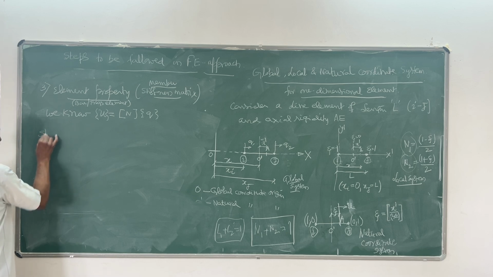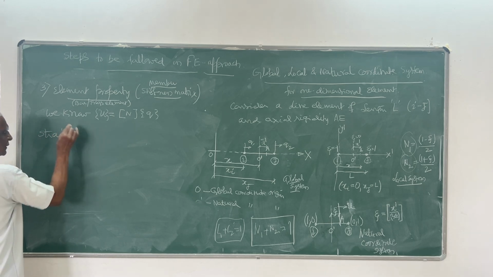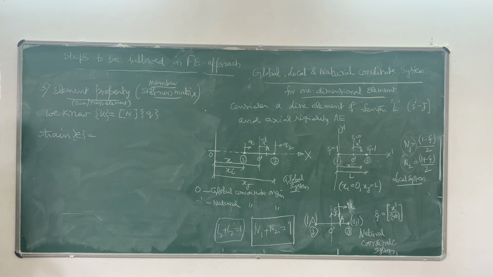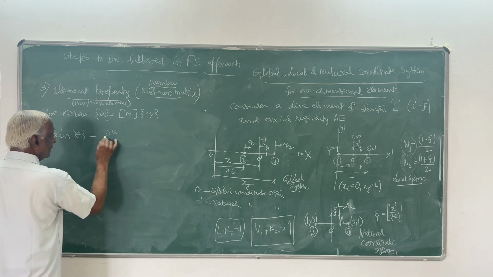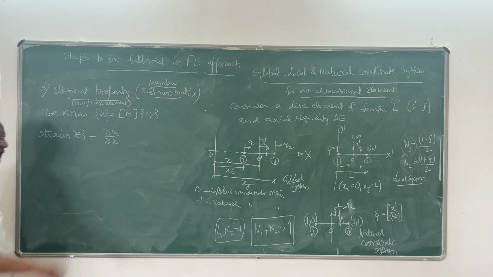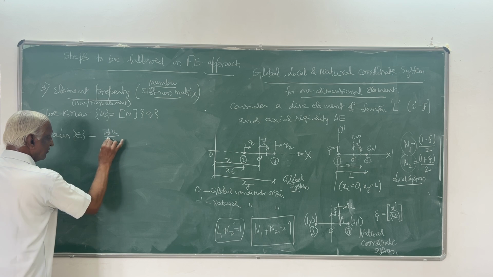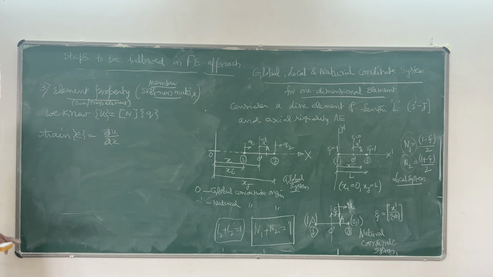Now, strain epsilon is delta u by delta x, or du by dx I would say, from elasticity for a bar or truss element. Rate of change of this is derivative, differentiation.